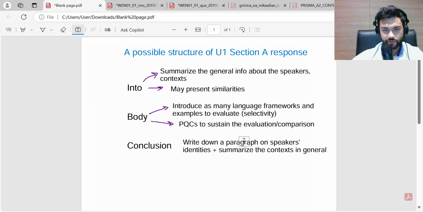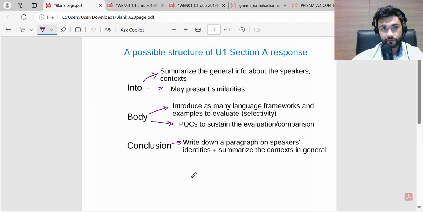What is the difference between the summary of the context in general compared to the introduction? I think that it should simply sound like a final comparative point, which means that you are highlighting the main information about the context and about the language in use.